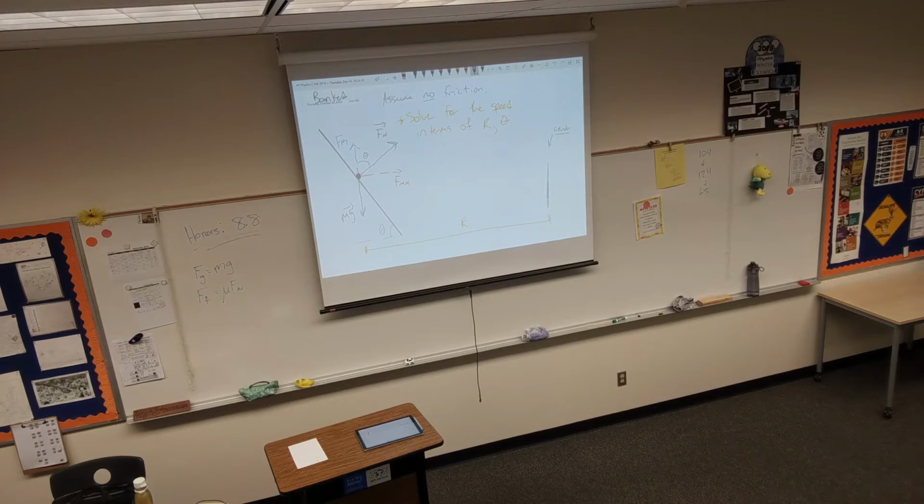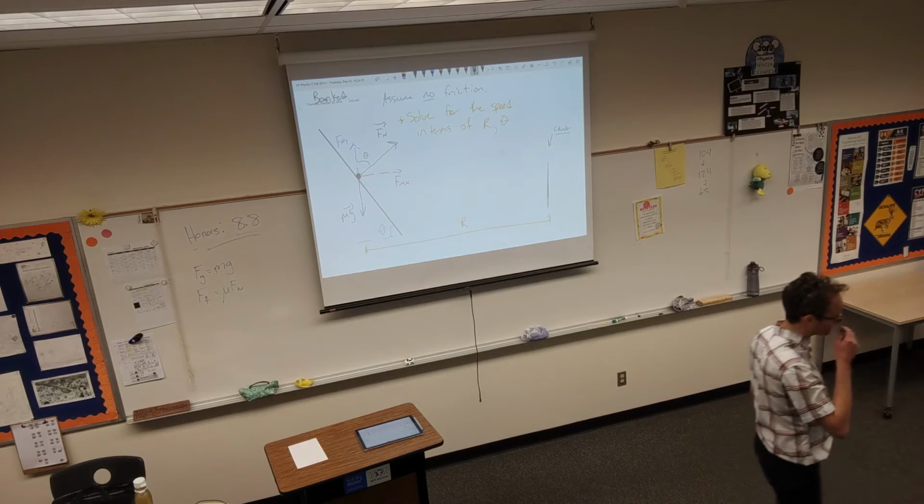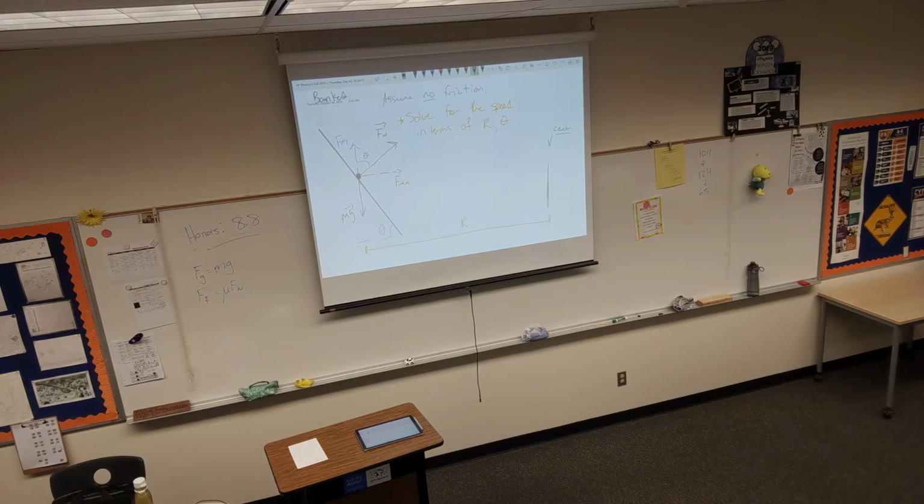No, you can use sine theta. Wait, so we're not using 90 minus theta? No, I would not use it. I would just use theta. The whole thing is just to prove to you that that theta down there is that theta up there.